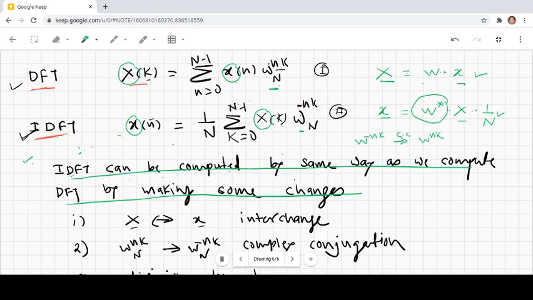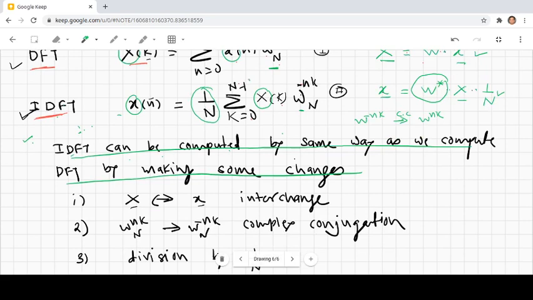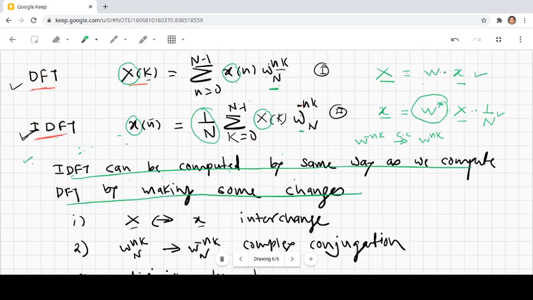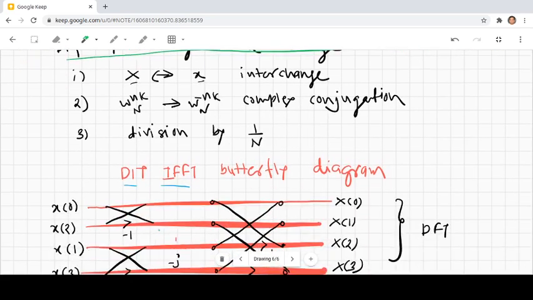And the third change is that the IDFT requires an extra term, 1 by N. So the whole answer you have to multiply by 1 by N. If you make those changes, we can use the method of evaluating DFT coefficients for finding IDFT coefficients by making these 3 changes.